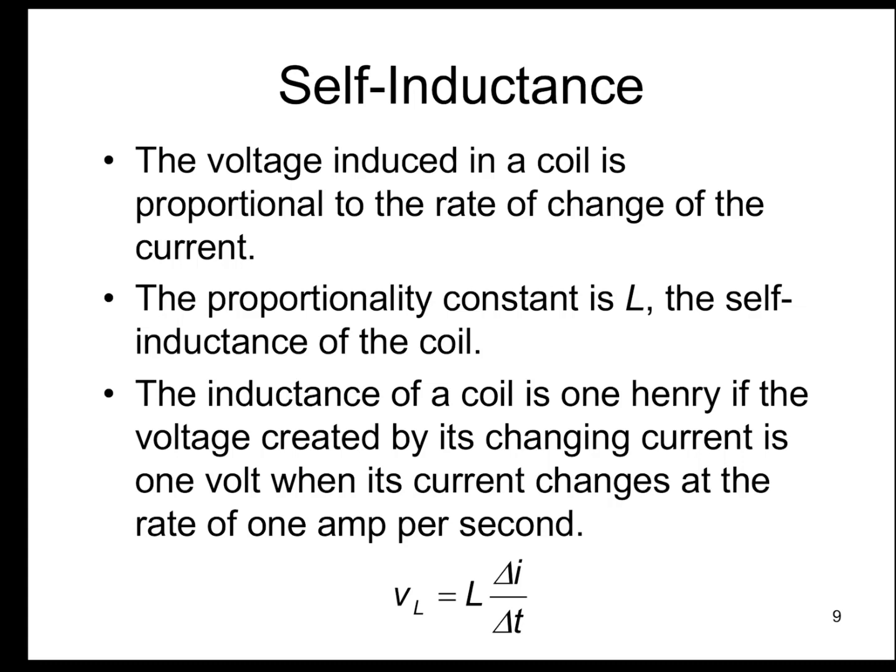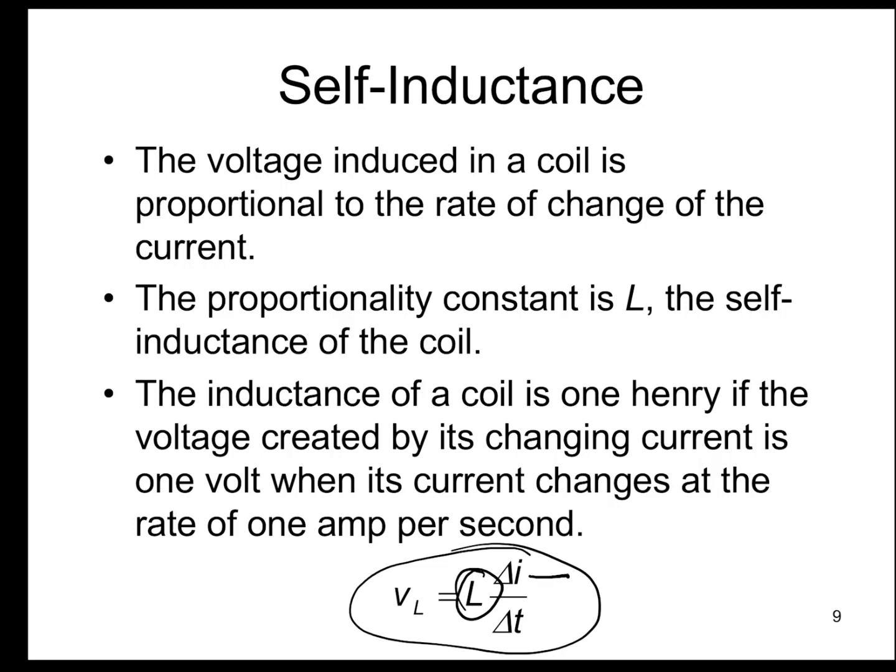So if we look down here, based on the statements we made, we have an equation that says the voltage, VL, or essentially what's describing the counter EMF from that coil, is the result of its L value in henries.